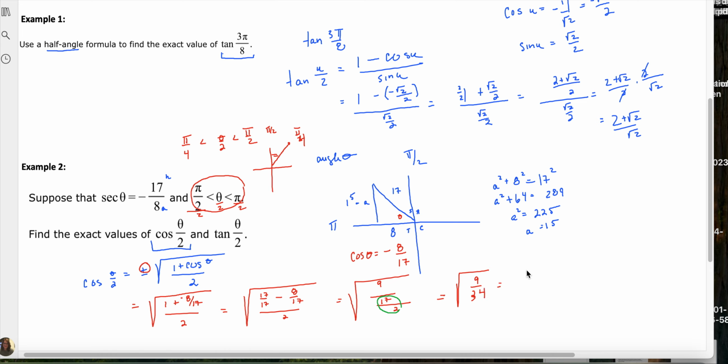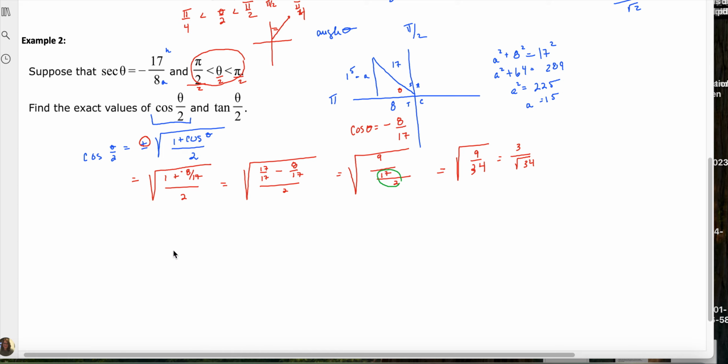And then we would take the square root of each, the top and the bottom. The square root of 9 is 3, and then we can't evenly take the square root of 34, so we can leave it like that. So our final answer, the exact value of cosine of theta over 2, is 3 over the square root of 34.